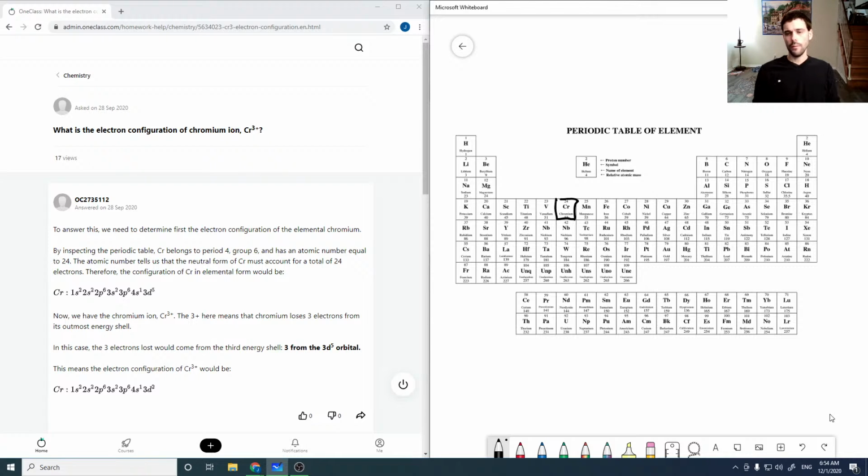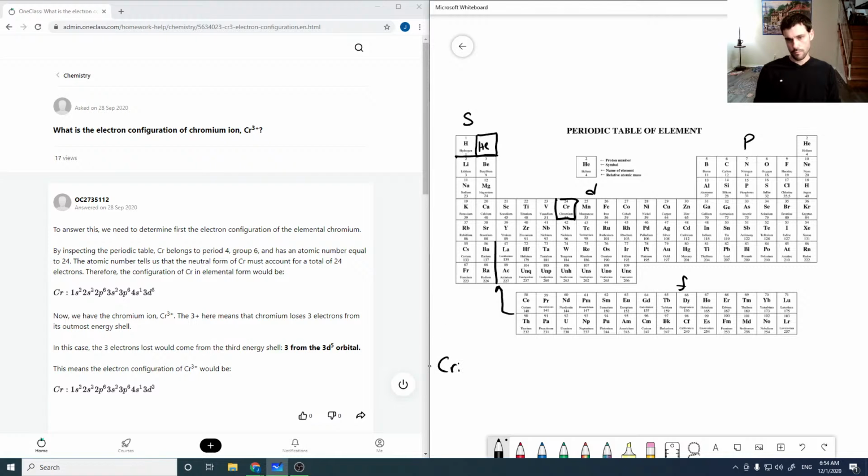And so we can figure out our electron configuration by running around the table. Remember that helium is really here. And so we can just go right across. Remember that that's the s block, this is the p block, and this is the d block. And down here is the f block, and the f block inserts here. Okay, so we can run across the table.